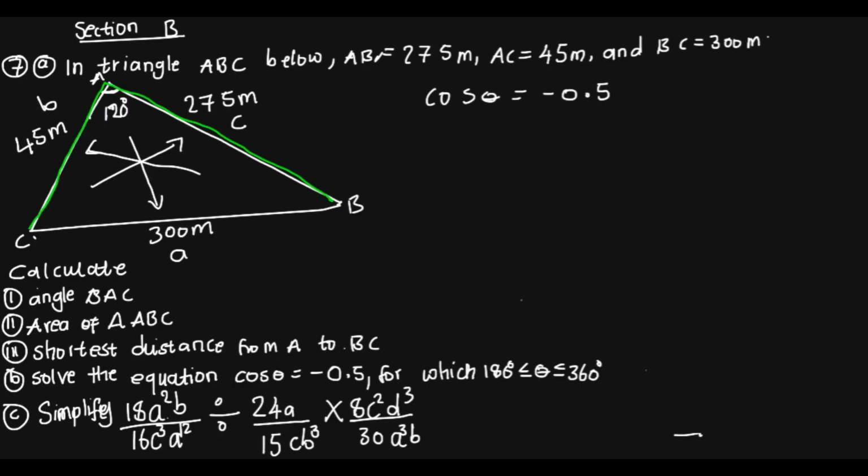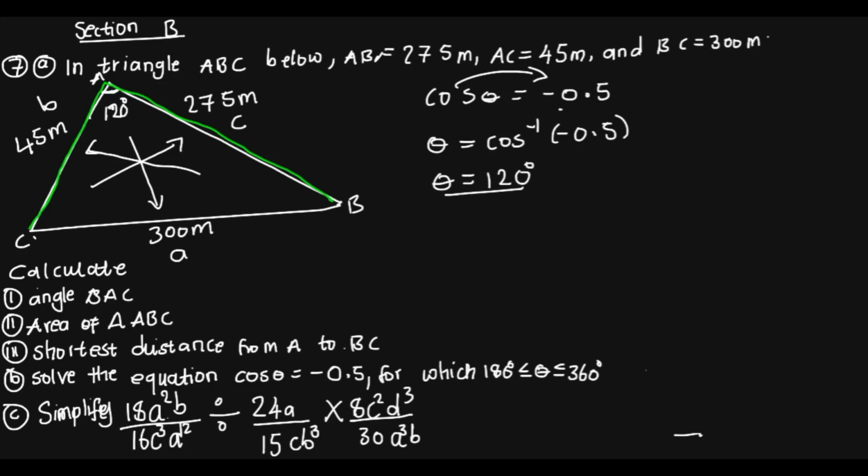Now from there we can see that we are going to first find the inverse cos of this. So we are going to shift this, giving us theta is equal to cos inverse of negative 0.5. So if you punch this on the calculator, cos inverse of negative 0.5 will give us 120.